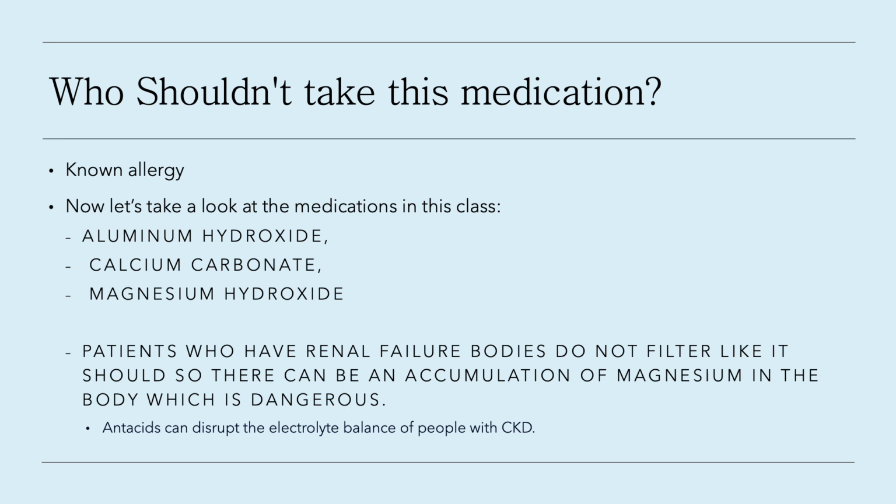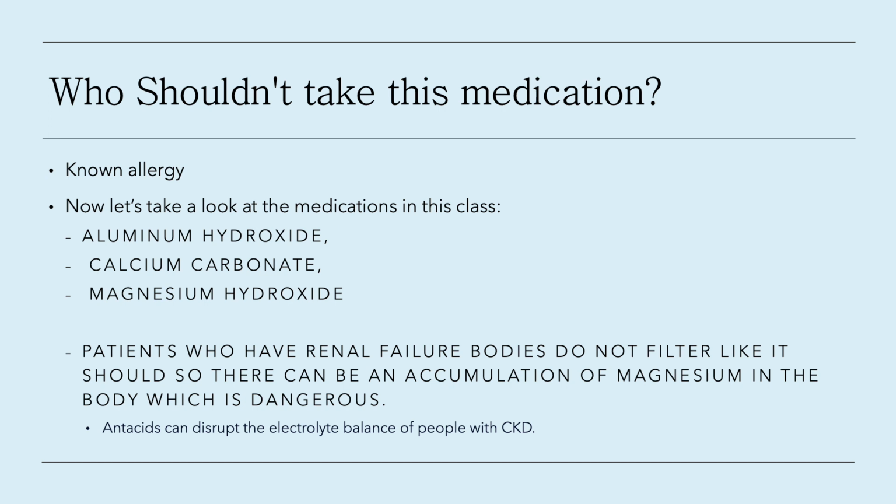All right, now let's take a look at the medications in this class: aluminum hydroxide, calcium carbonate, magnesium hydroxide. Patients who have renal failure, their bodies do not filter like they should. So there can be an accumulation of magnesium in the body, which is dangerous. Antacids can disrupt the electrolyte balance of people with chronic kidney disease.